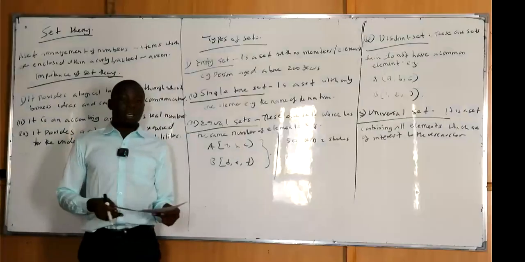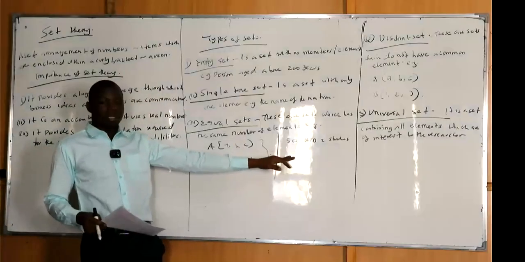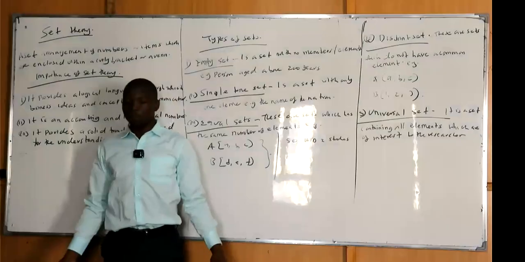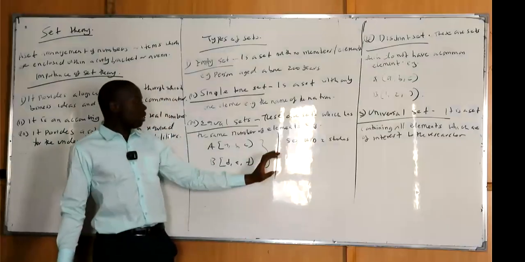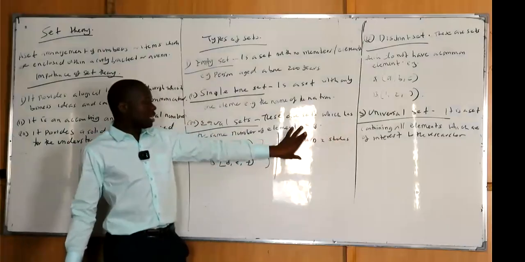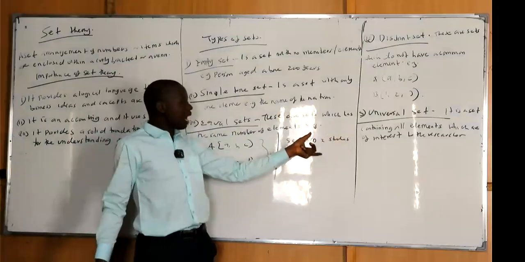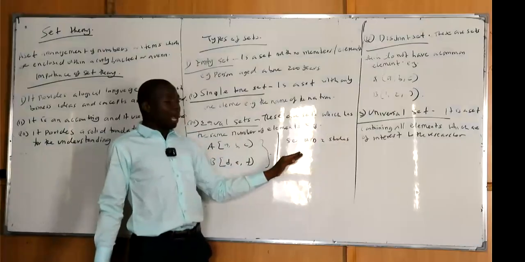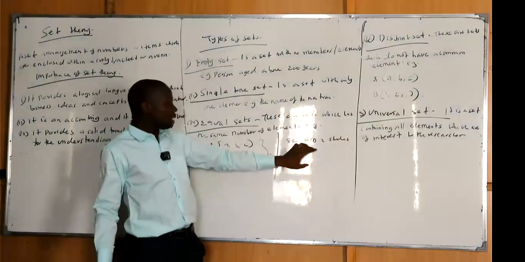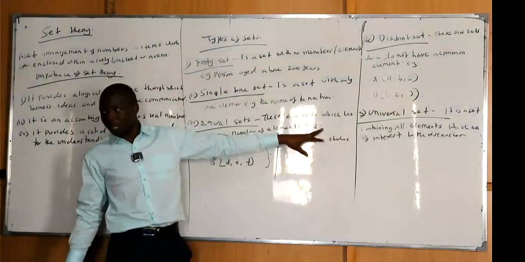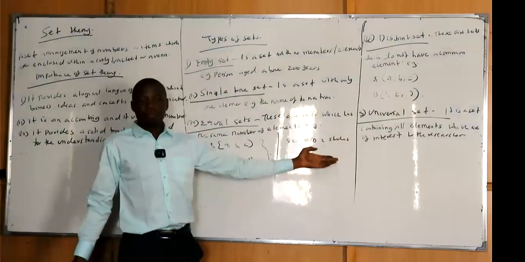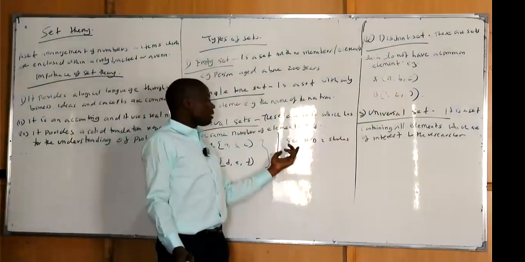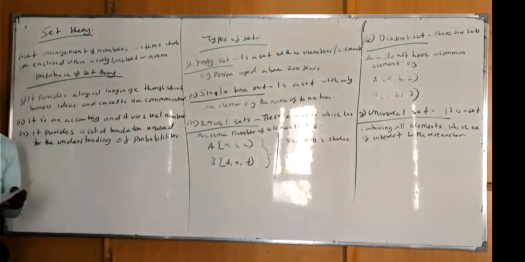If we want to know how many students are taking BMS only, we pick from these 50. The interest of the research is not anything outside this. If we want to know how many are taking POM, we shall take from this 50. So we shall say 50 is a universal set.